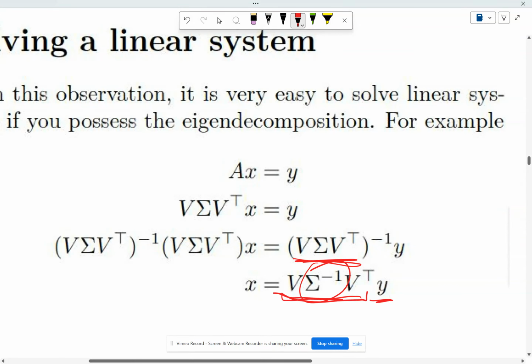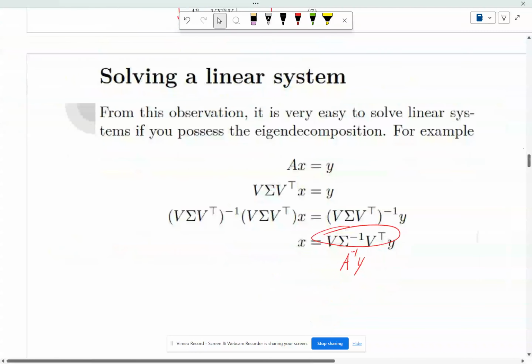And to find the inverse, all you need to do is essentially take the inverse of the diagonal. So this is essentially A inverse times y. It's just that A inverse is very easy to find once you have the eigendecomposition.